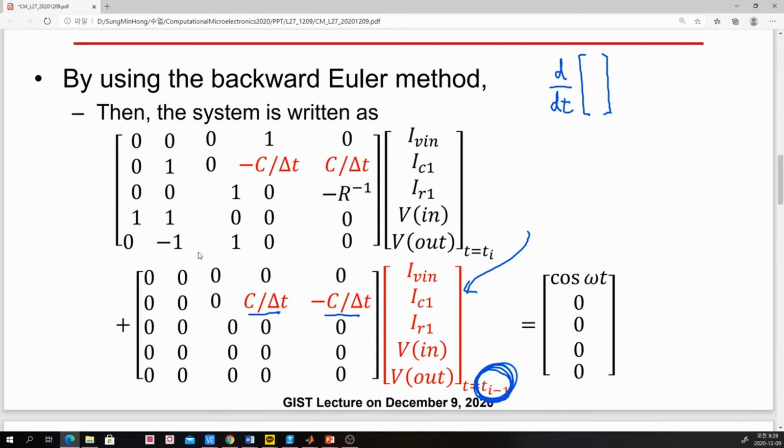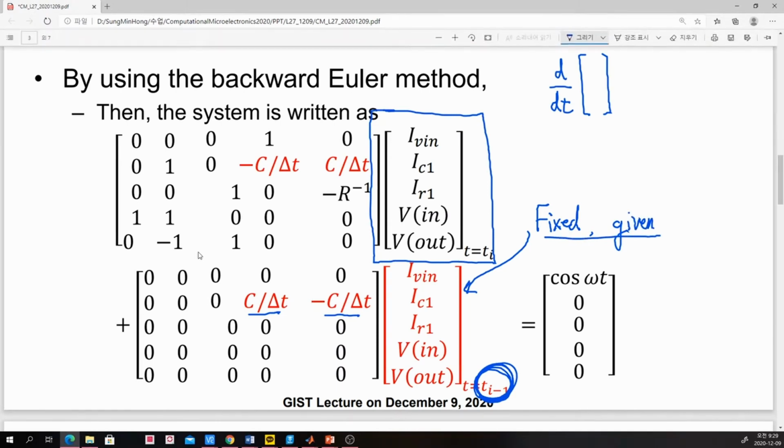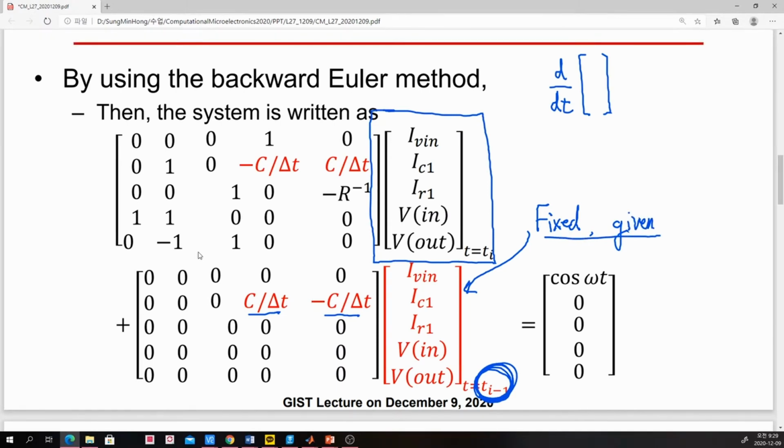So please note that it is not an unknown variable. This red colored vector is fixed or given. Previously we tried to solve for it, but once we have solved it, it becomes just a given vector.